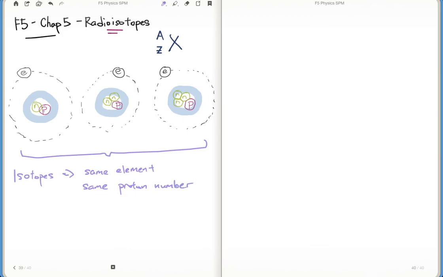In this case, they have 1, 1, 1, the same proton number, but, I'm going to highlight it using a but, you have different neutron number, or you have different nucleon number. This is the nucleon number A.